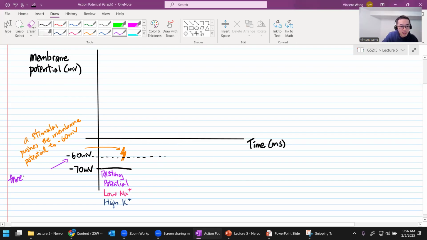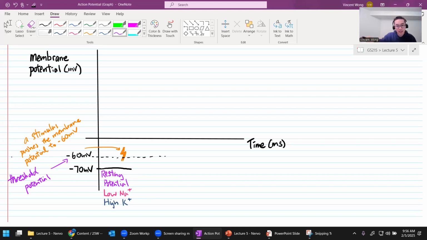Remember, we have different adjectives to describe the potential. Resting potential, not doing anything. Threshold potential is negative 60. Once you cross the threshold, then you're going to fire the neuron. Anything below the threshold, nothing happens.